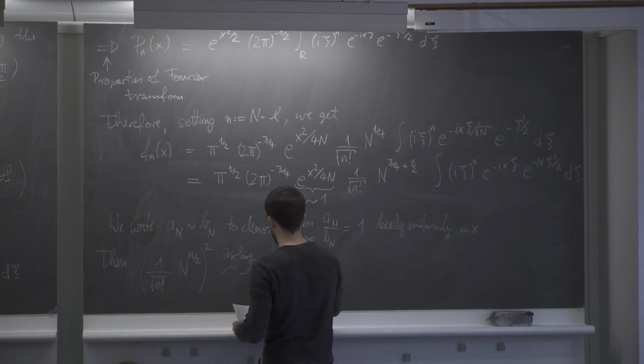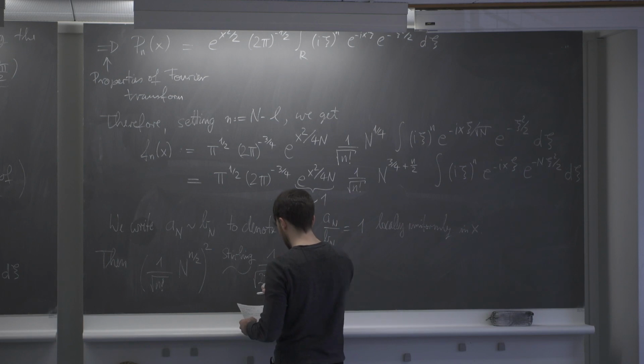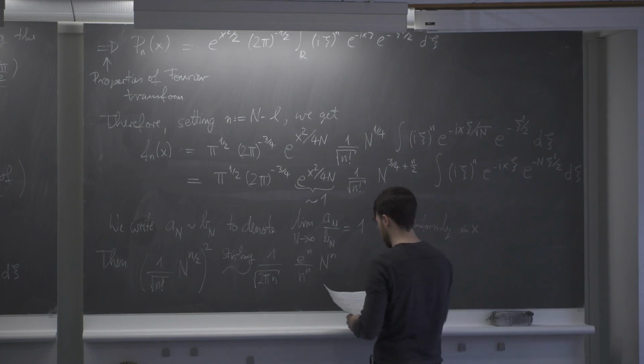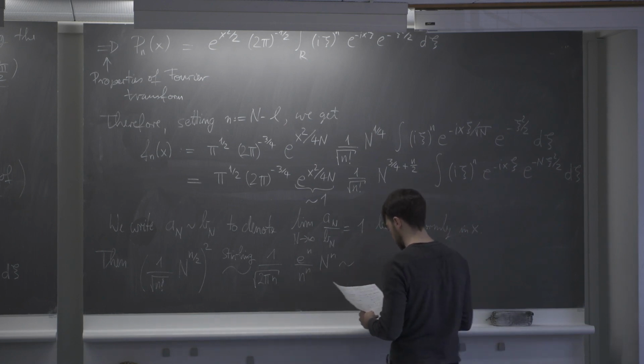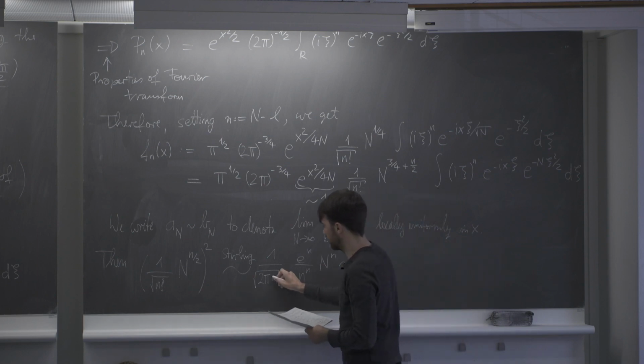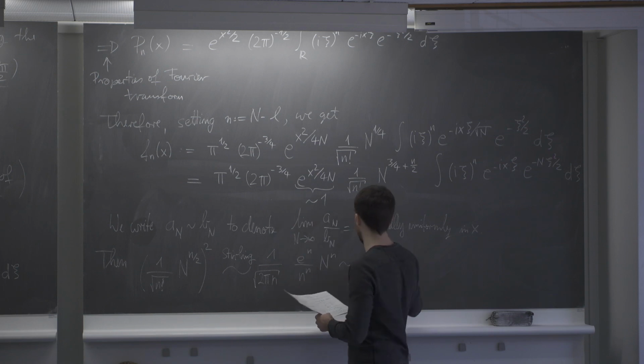So this behaves like square root 2 pi little n, e to the n, n to the n, capital N to the n. And, well, now I can play around with those. So first of all, I can, of course, get rid of the small l here and just replace this by an n.